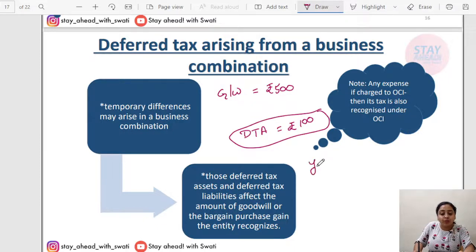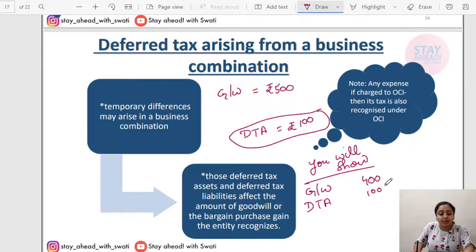You will show goodwill as just 400 rupees and the DTA will be 100. This will be debited. Are you clear?